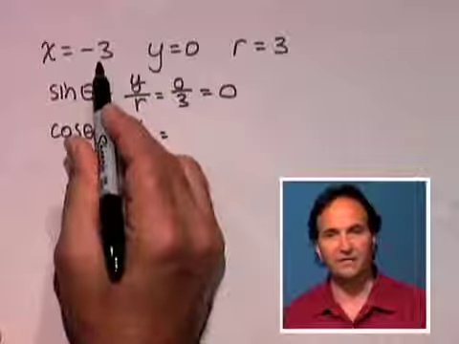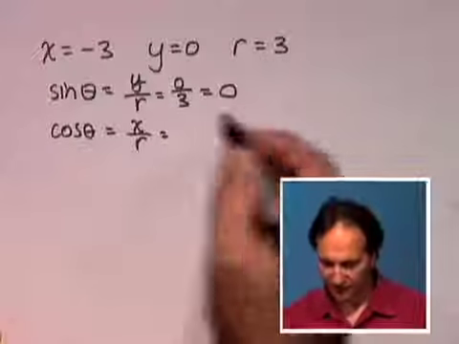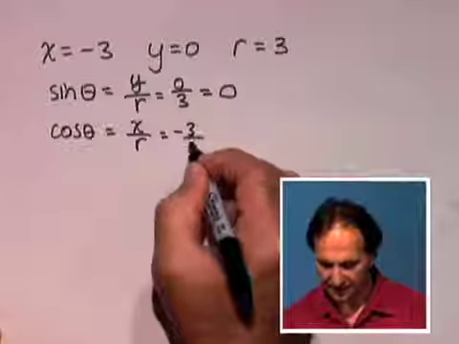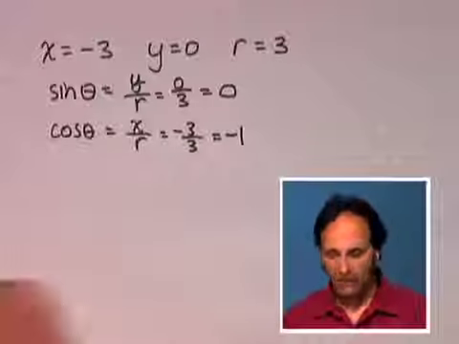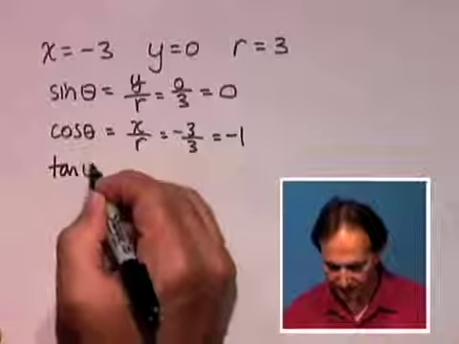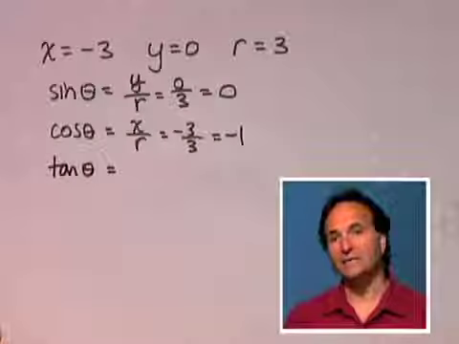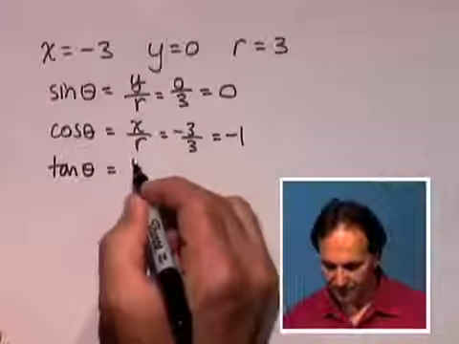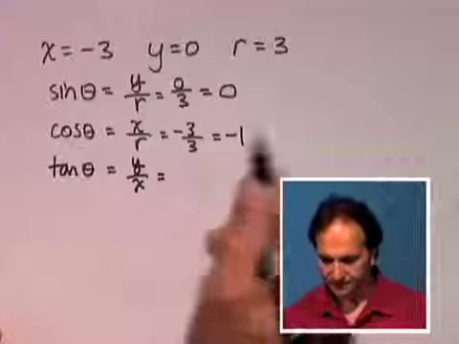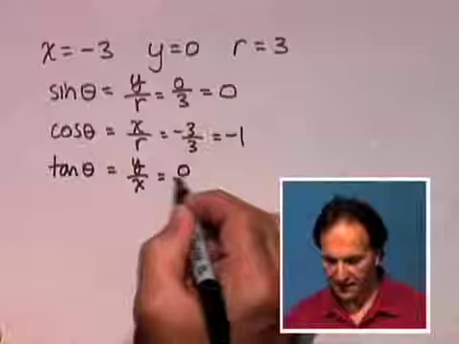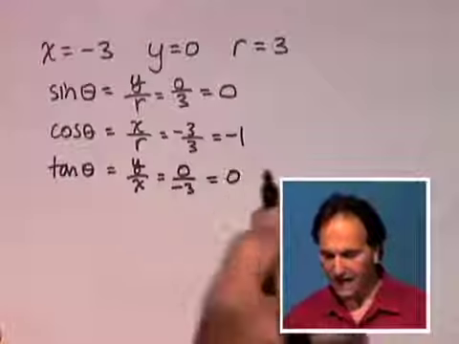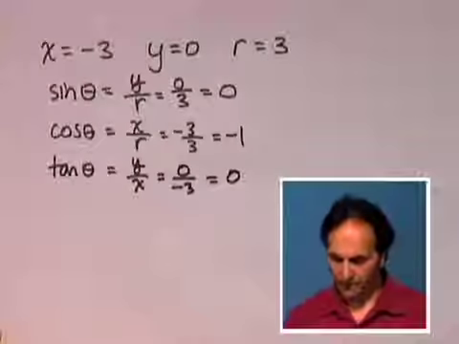X is -3, r is +3. That would be -3 divided by 3 for -1. For the tangent of theta, that is equal to y divided by x. That would be 0 divided by -3, and of course that's equal to 0.